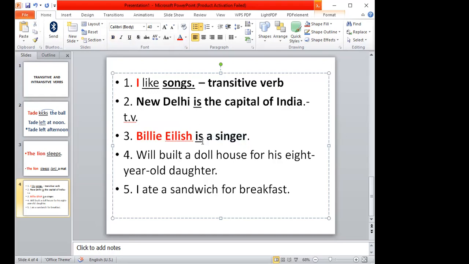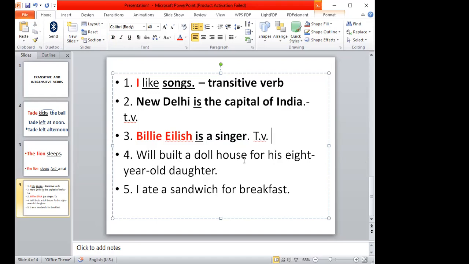Normally, it would have been a complement, just as I said for the previous one, but we'll take it as an object because of this class. So this will be my object, and the verb used in here is also a transitive verb.